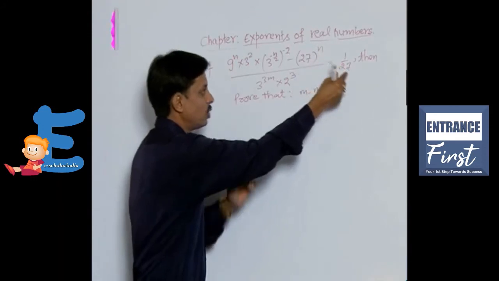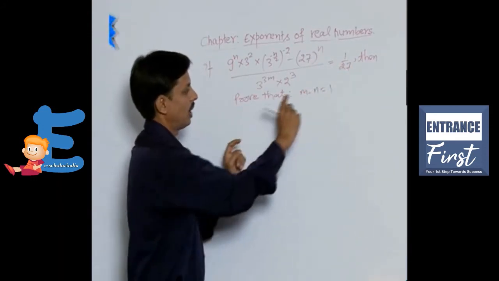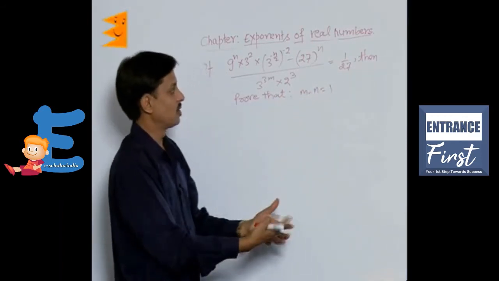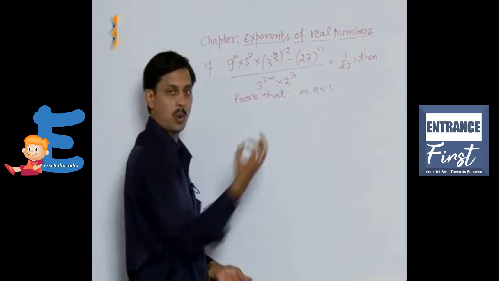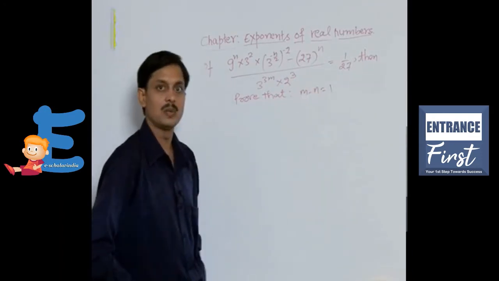If this value is equal to this value, then prove that m minus n is 1. Or you can say this condition holds true only if m minus n is what?